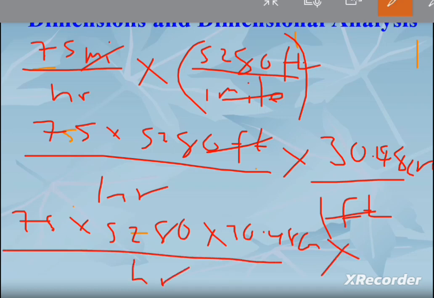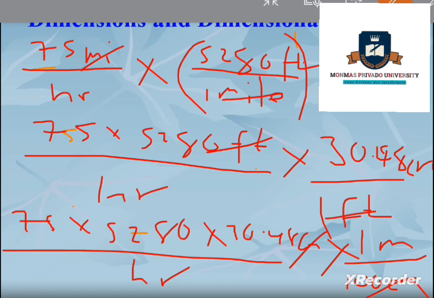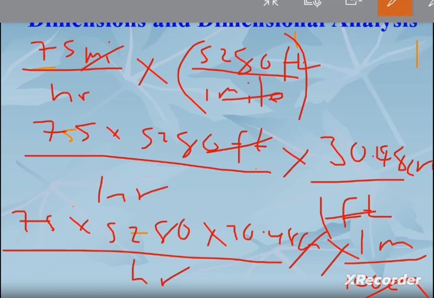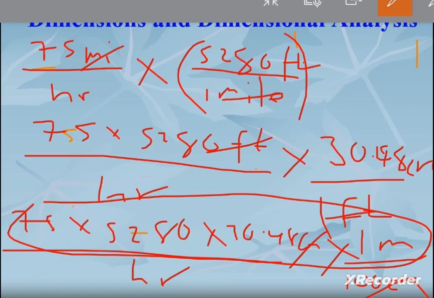Then we convert centimeter to meter. We know that 100 centimeters is equal to 1 meter. Therefore we cancel centimeter with centimeter. So we are left with 75 times 5280 times 30.48 meters, because I multiply the part at the top, then I multiply the part at the bottom, which is going to be 1 hour times 100 centimeters.